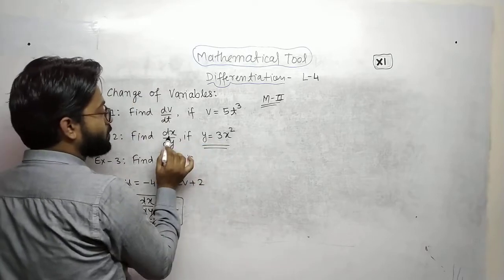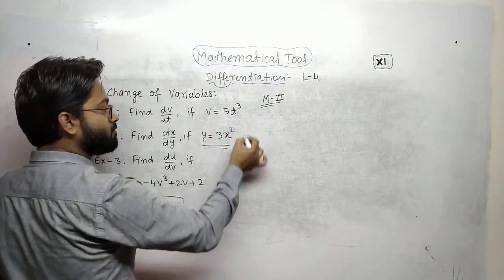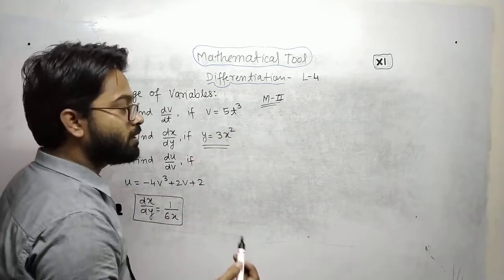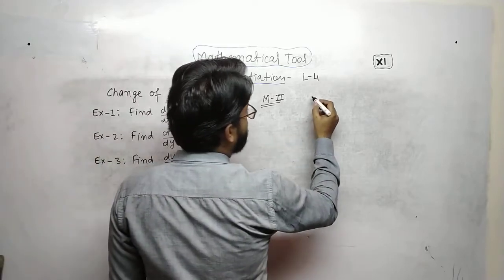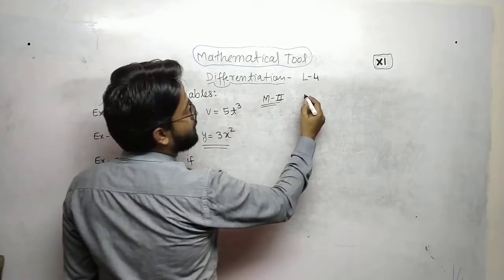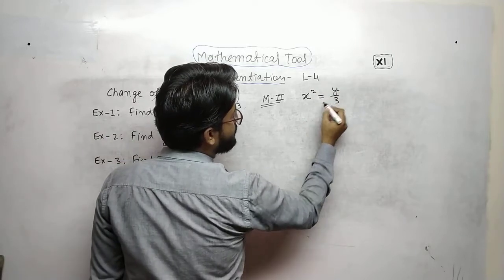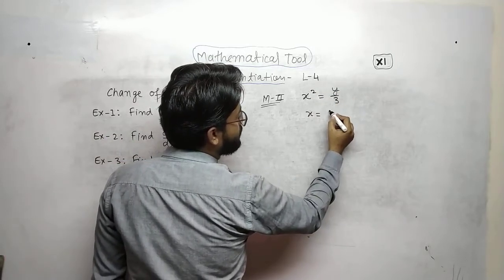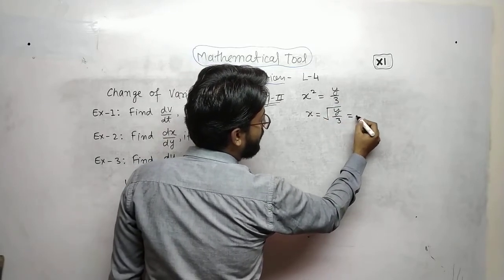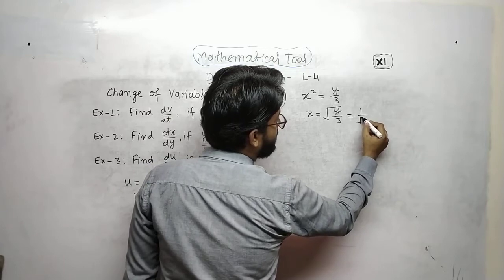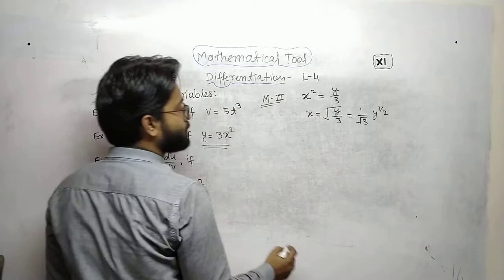First, because you are going to differentiate x with respect to y, first convert this equation into terms of y. This will become x square equals y by 3. x equals under root y by 3, or 1 by root 3 times y to the power 1 by 2.